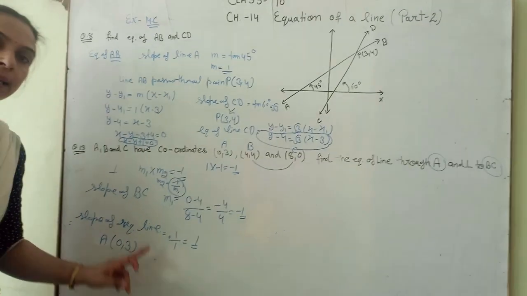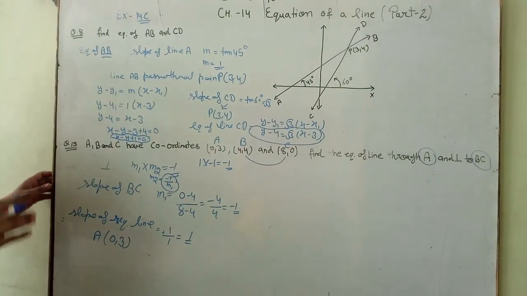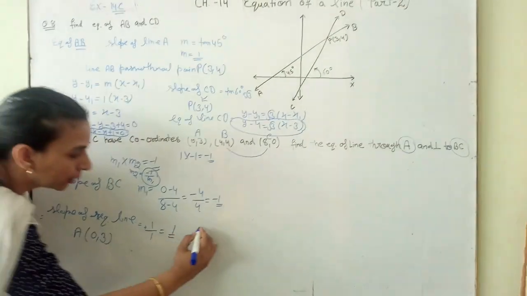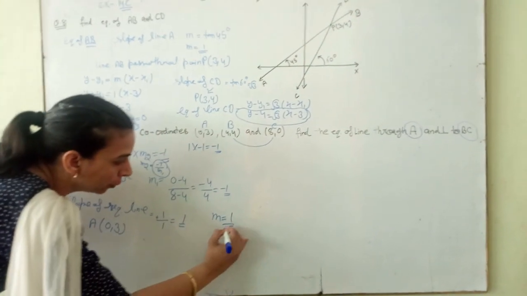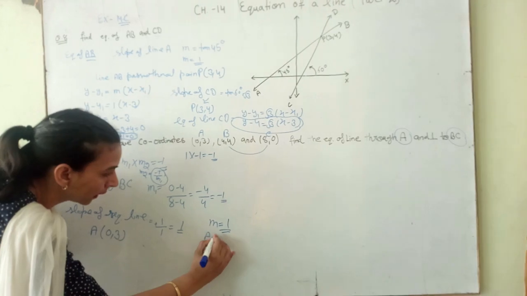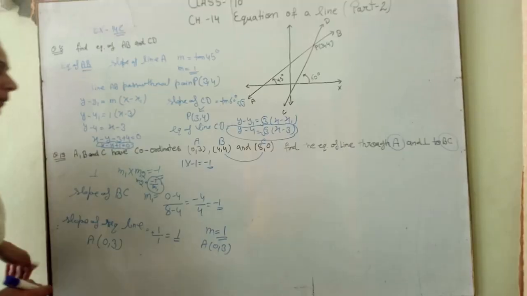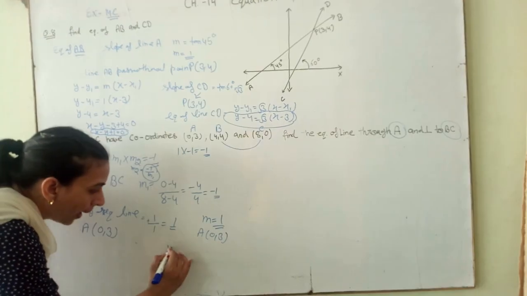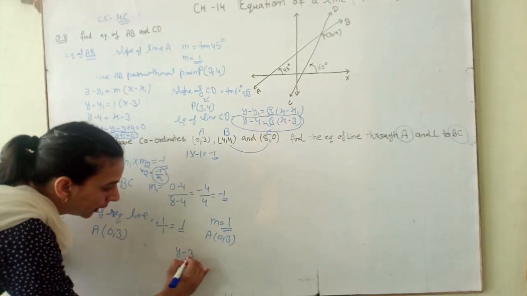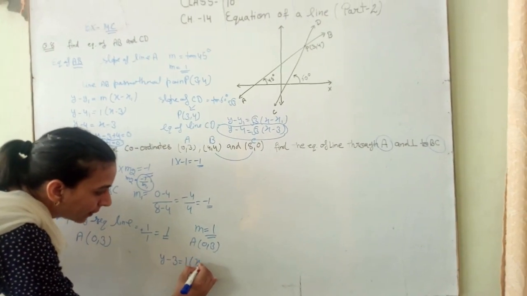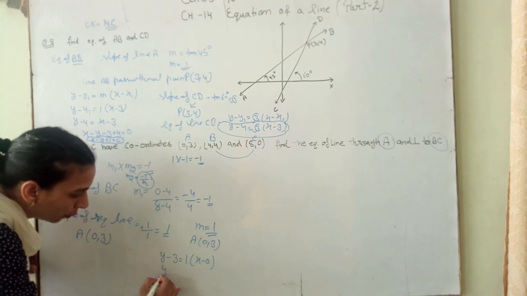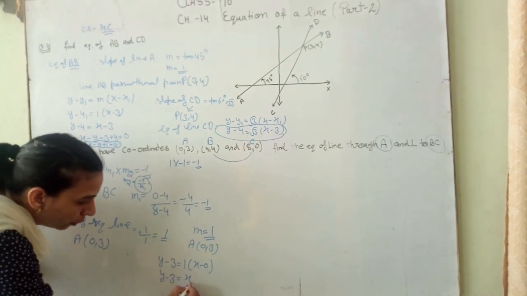Then we use the second type, the point slope form. Slope equals 1 and passing point 0, 3. Then the equation of the line: y minus y1 equals slope times x minus x1. Y minus 3 equals x.